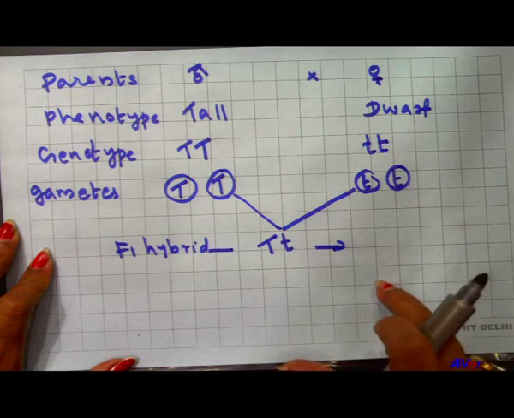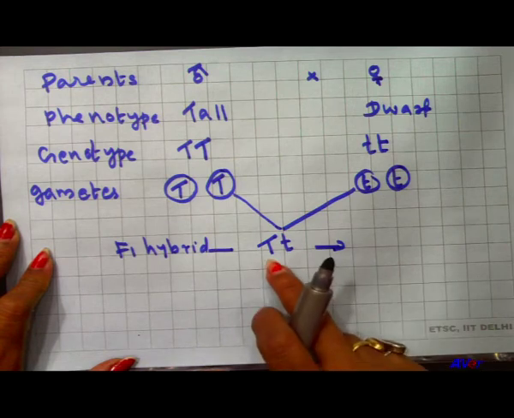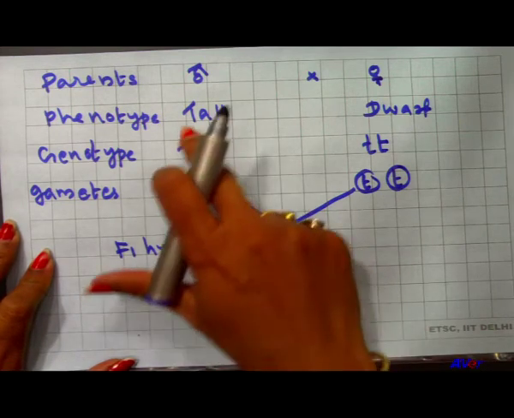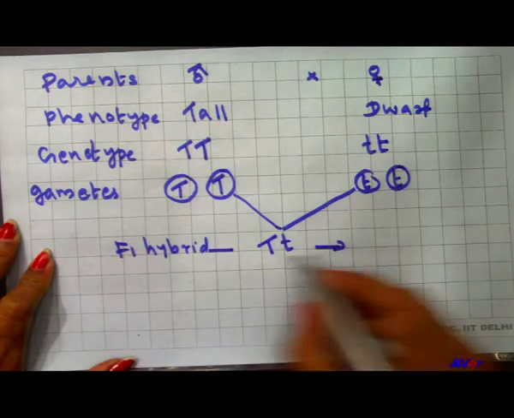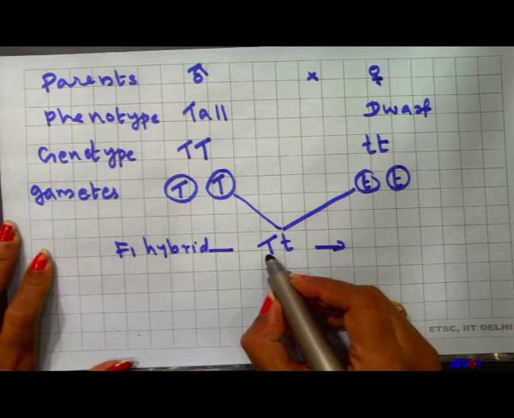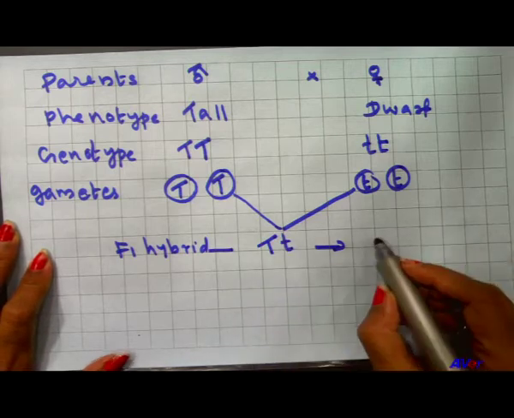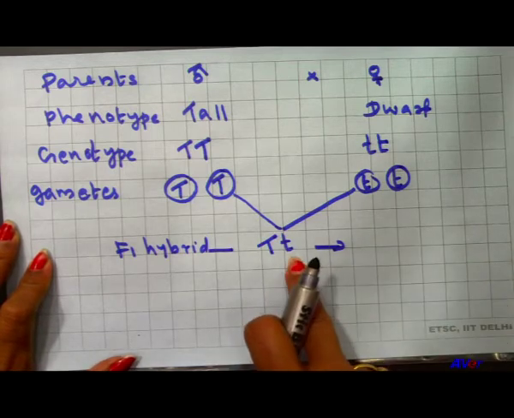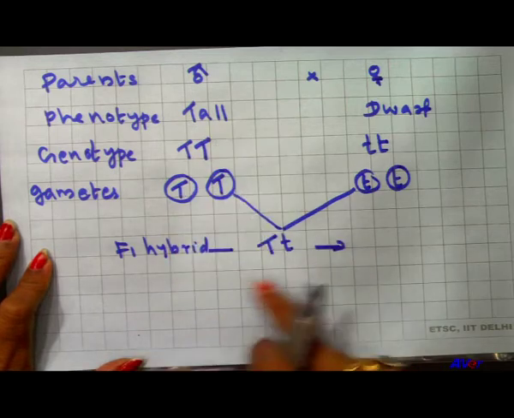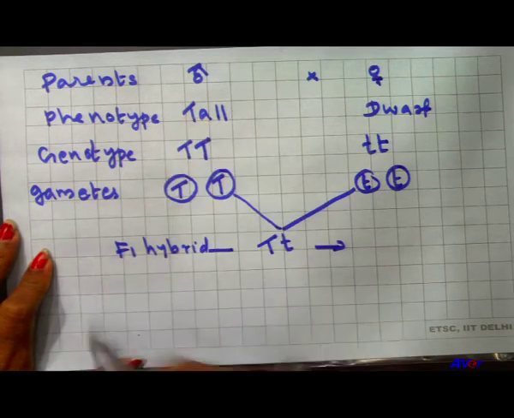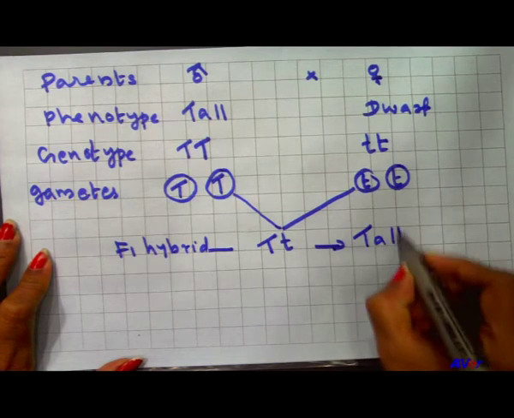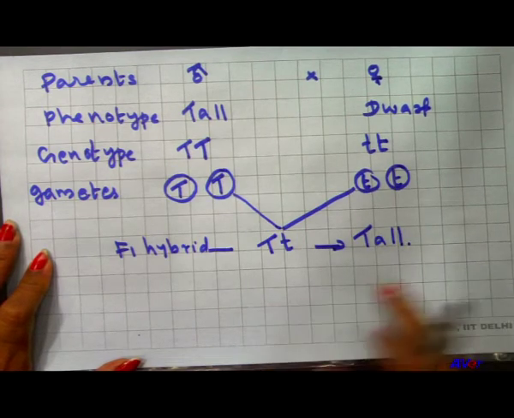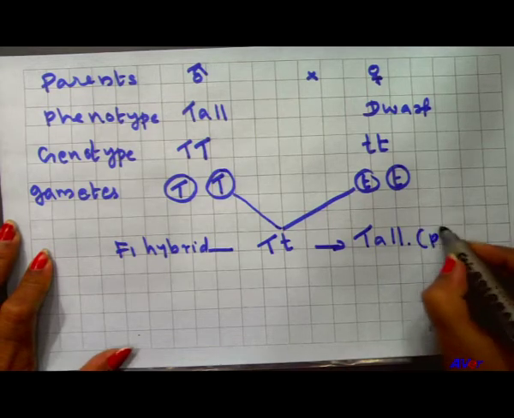Here comes the question. Capital T is dominant over small t, and this capital T will express its character and small t gets suppressed. So, we know that capital T is meant for tall character. So, the phenotype of this progeny will be tall.